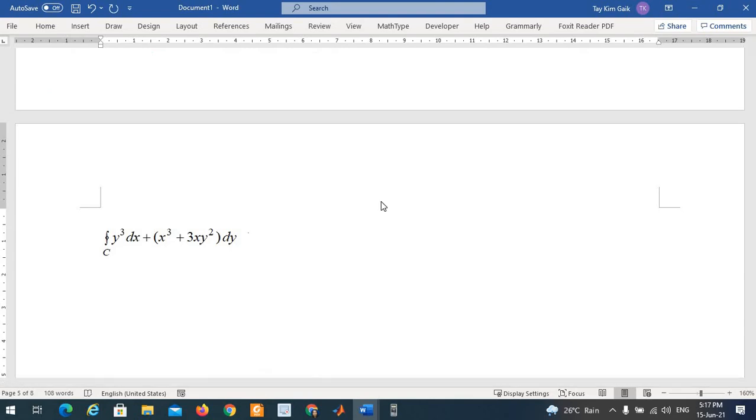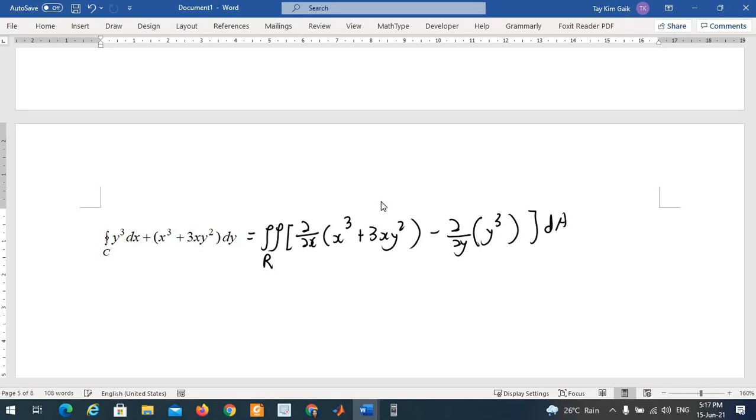The double integral across region R, where you take del x of the coefficient of dy, which is x cubed plus 3xy squared, minus del y of the coefficient of dx, which is y cubed, dA.